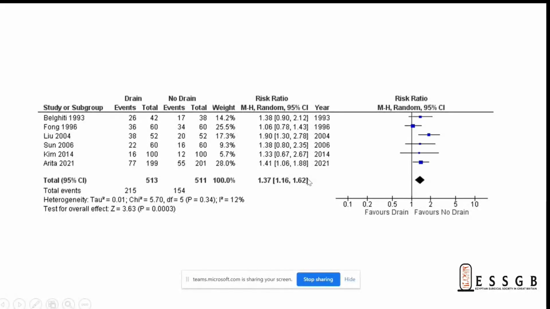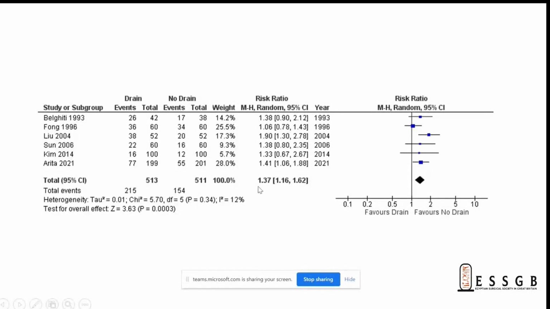I'm sure you have heard about confidence intervals. A confidence interval is the limit within which you are 95% confident that the true value lies. If your true value in this study is, for example, 1.90, there is a limit around it within which you're 95% confident that the value lies. That is called confidence intervals. Therefore, here, what you see is a confidence interval.